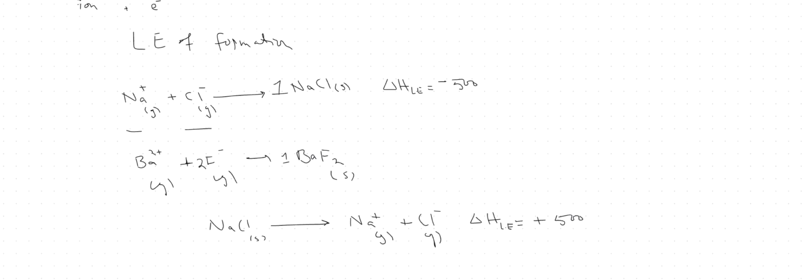So those are the factors that affect lattice energy. The first one is ionic size, or size of the ions. The second is charges on the ion.